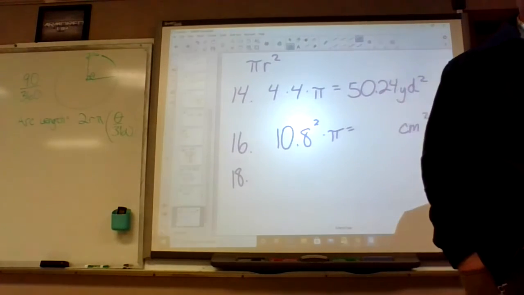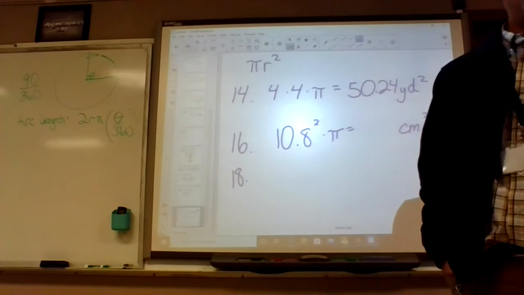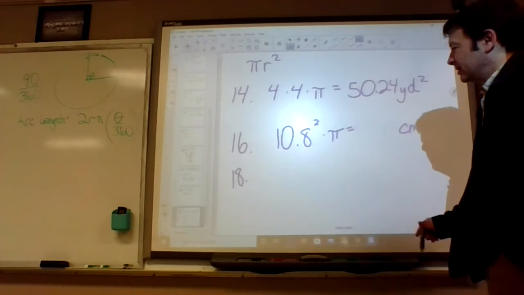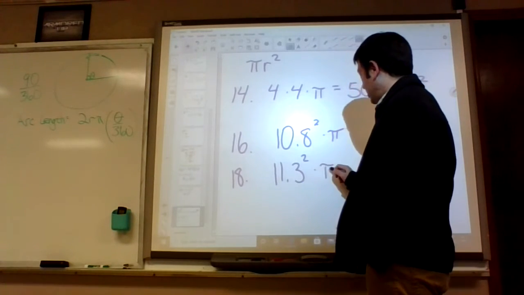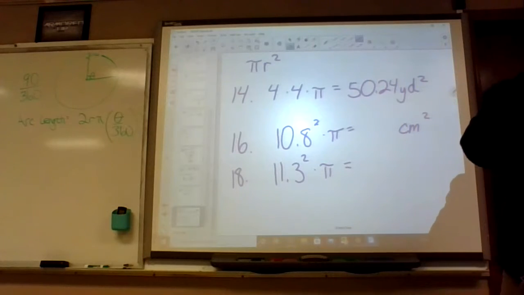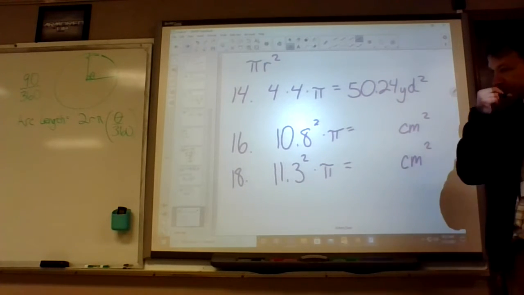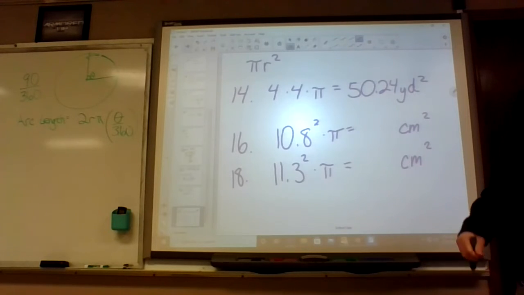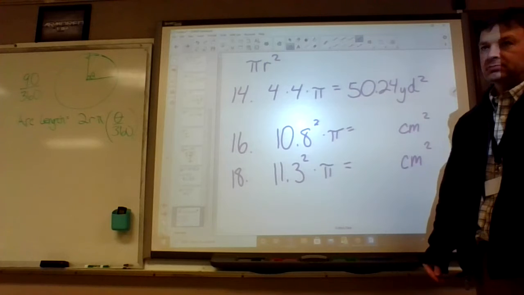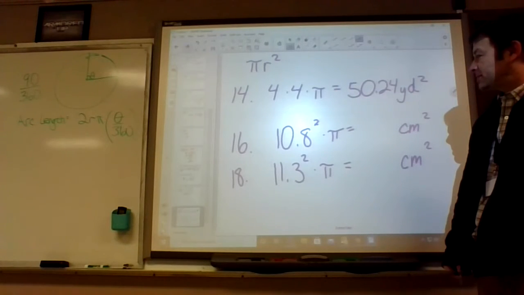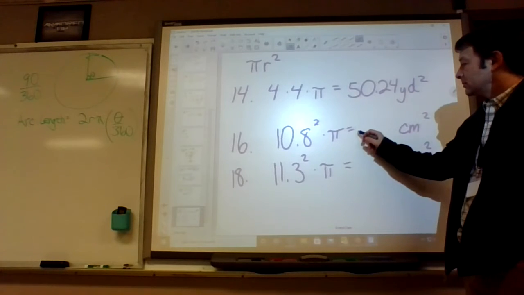Alright, turn it into the radius by dividing by 2. 22.6 divided by 2 is 11.3, so that'd be 11.3 squared times pi. Have a weird answer. I don't know, what'd you guys get on 16? I got 366.4. Okay.